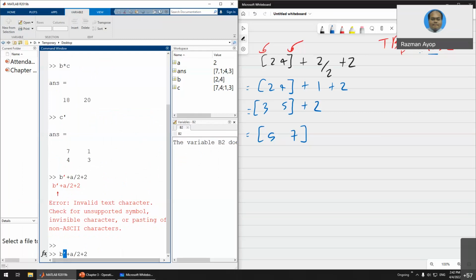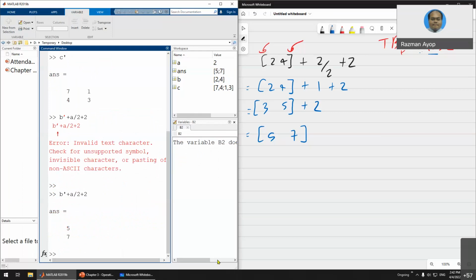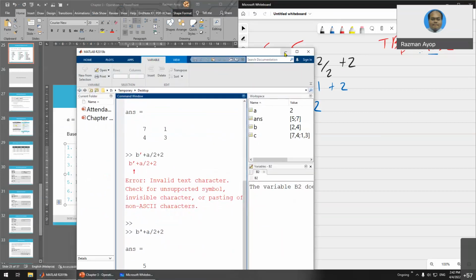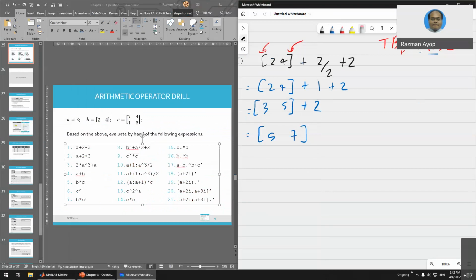Okay, if this happens, you have to change the transpose. Oh, there is a transpose, right? I didn't see it. So this one is wrong, and all of this is wrong. For this case, I forgot the transpose here.